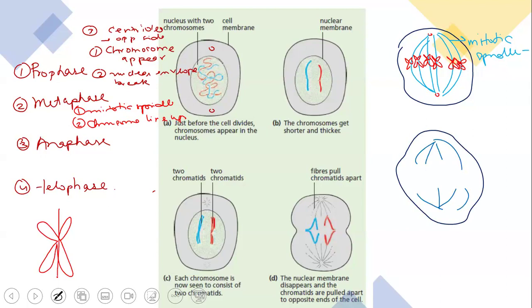This is one portion of it and this is the other portion. It can break in the center, and when it does, it gives you two chromatids. So the chromosome is going to split in the center, and half of the chromatids will go to one side and half to the other side.